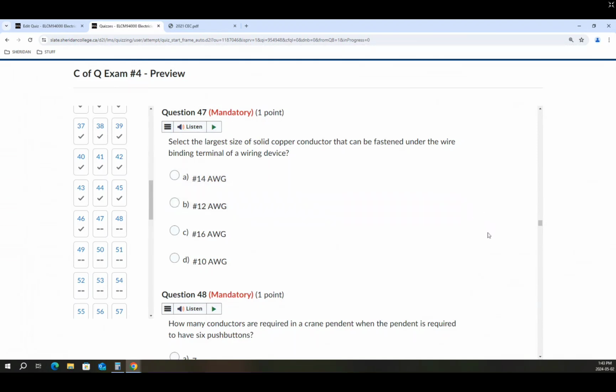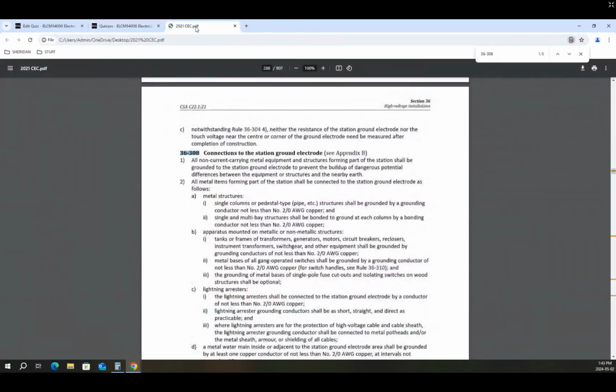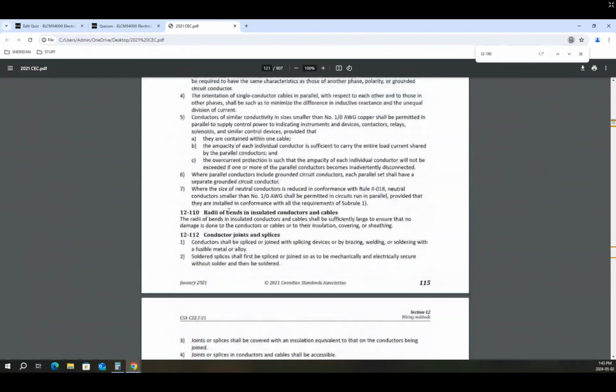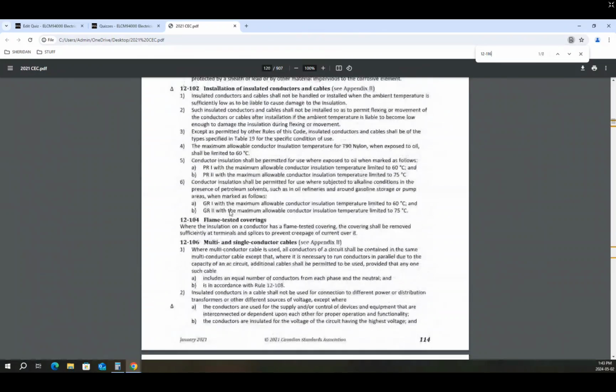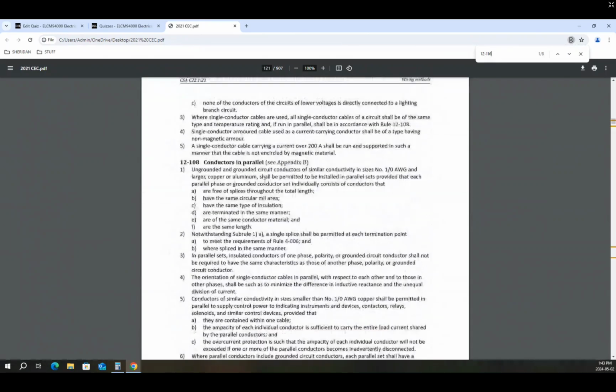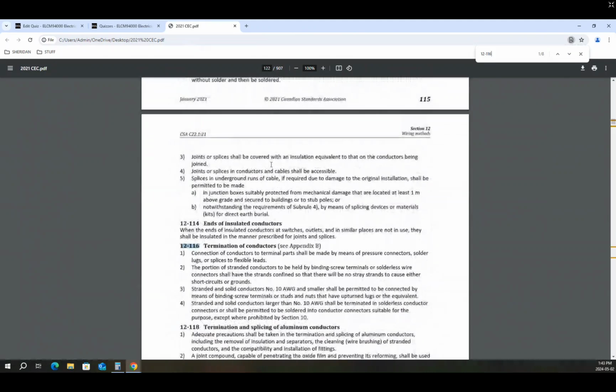Number 47. Select the largest size solid copper conductor that can be fastened under the wire binding terminal of a wiring device. So section 12. Wiring methods. And we are in the general section.